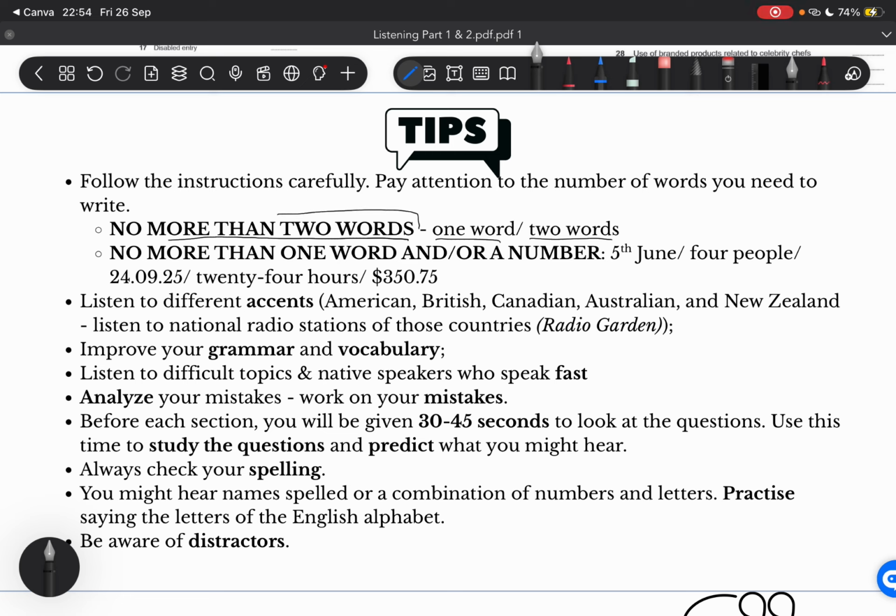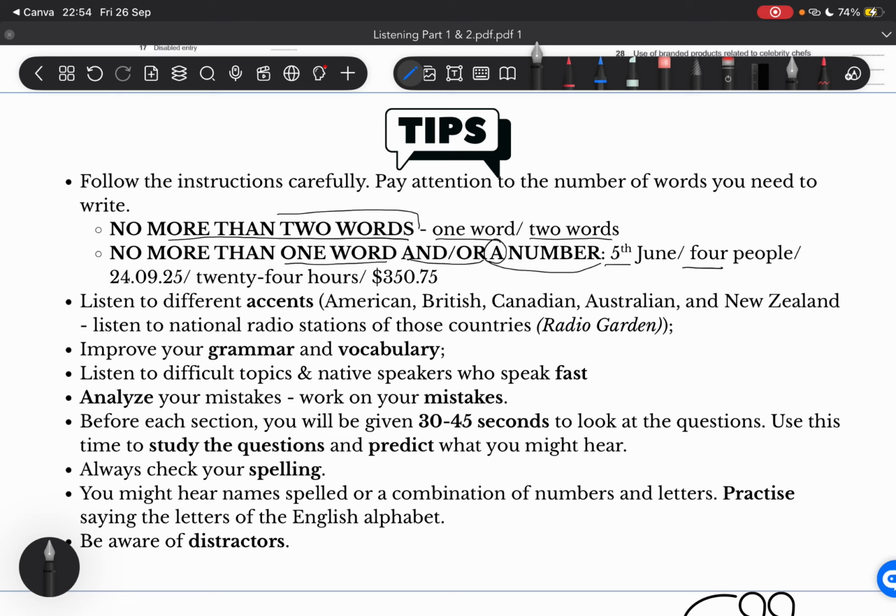And you might sometimes get an instruction like 1 word and or a number. It means that in addition to 1 word, you can have another number. A number though, not 2 numbers. As you can see here, 5th June, it's a number. 4 people, we've got 4 is a number.